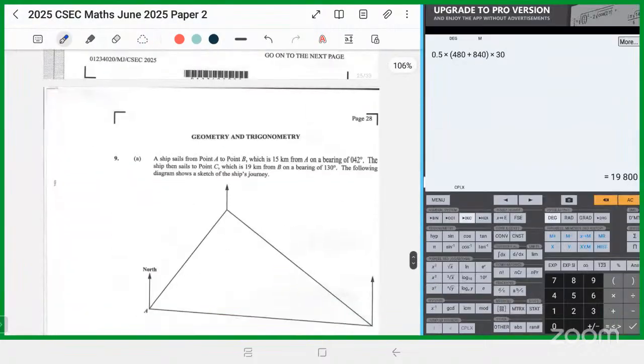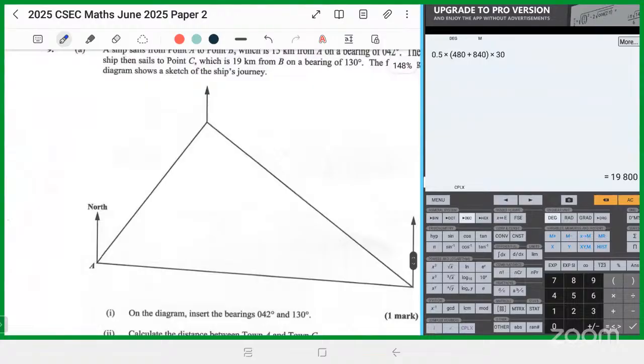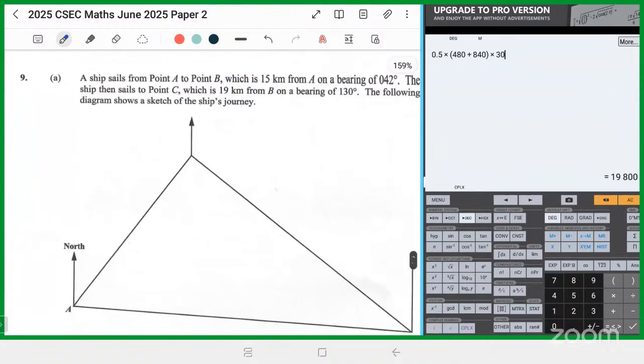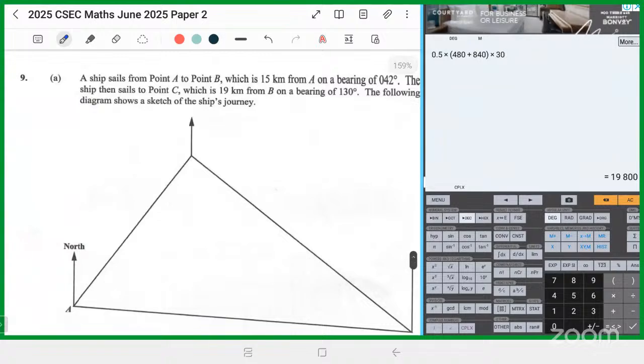Next question, over here in section 2, there are 2 questions. This question says a ship sailed from port A, give us port A down here, to port B, which is 15 kilometers from A on a bearing of 042 degrees. The 042 degrees must be inside here. 042 is measured clockwise from the north line.